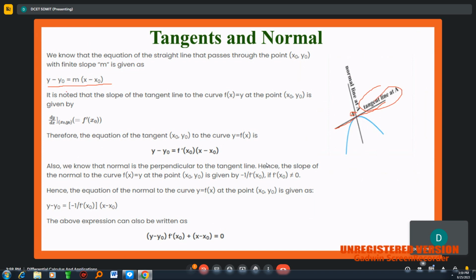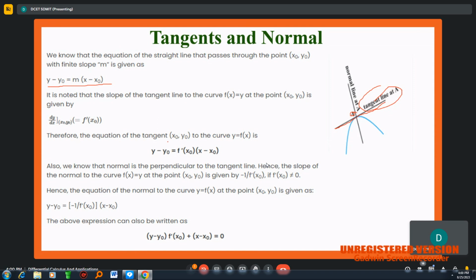Okay. Now the equation of the tangent, what is that? What we are getting? The equation is y minus y naught is equal to m into x minus x naught. Now it is denoted that the slope of the tangent line to the curve y is equal to f of x at the point x naught comma y naught is given by dy by dx at the point x naught comma y naught, which is equal to f dash of x naught.